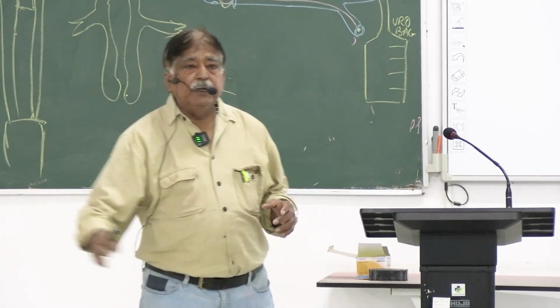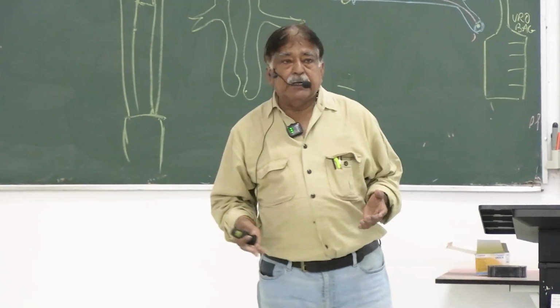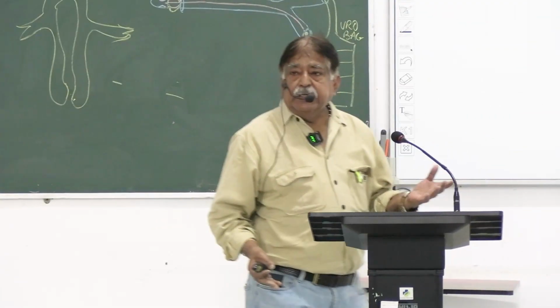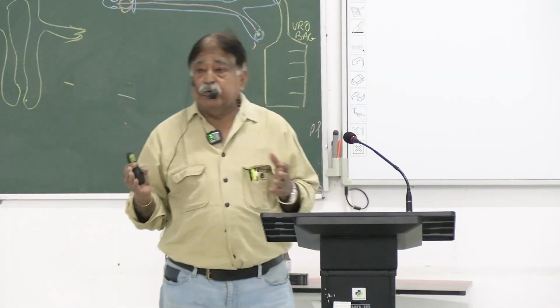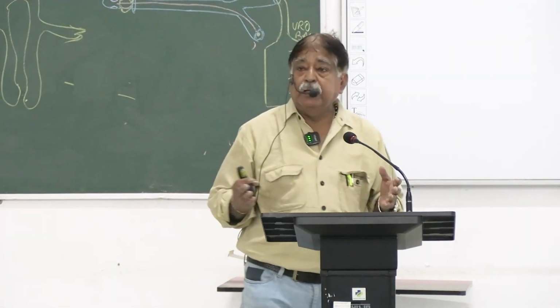And I open, see what is there, and if I find anything, I tell my assistant, you please hold it. I should change the gloves, take the camera and shoot. There was no digital photography, no mobile, nothing.